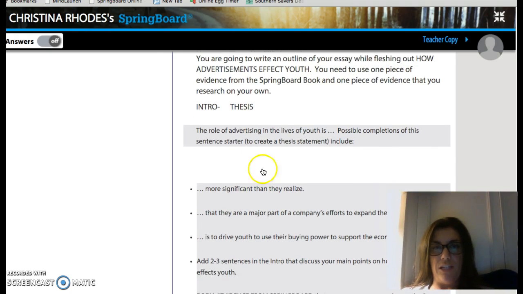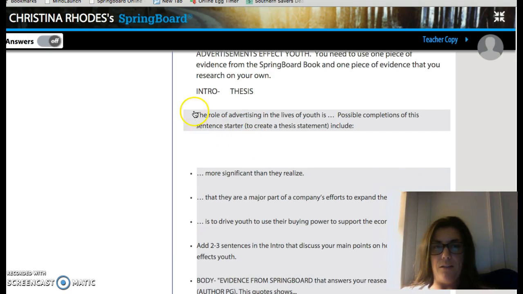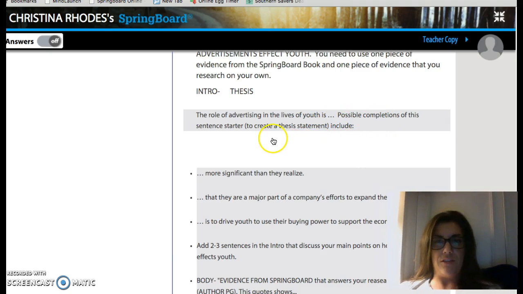You have your introduction. In your introduction, everybody write this down in your composition notebook. Intro, please write down, you need to start with your thesis. Here is an example thesis. It says, the role of advertising in the lives of youth is... So possible ways to finish the completion of this sentence starter.